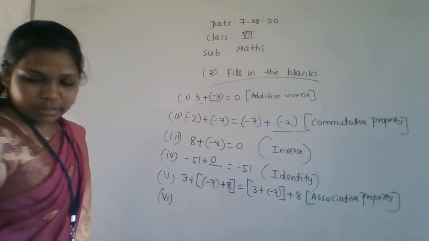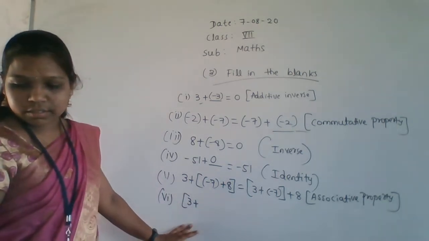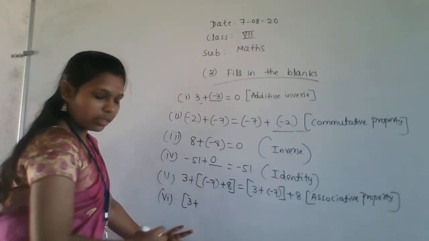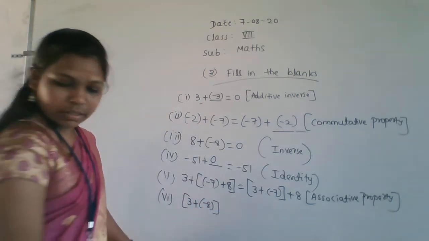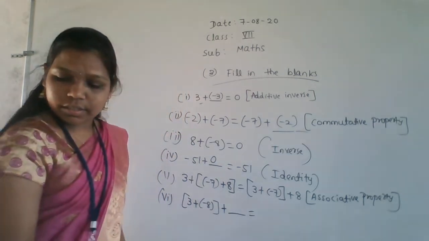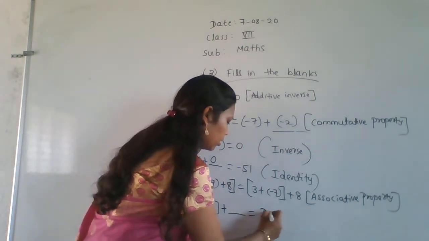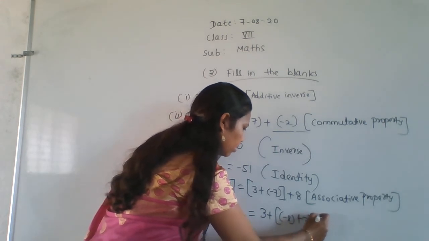The sixth one is 3 plus, in the bracket, minus 8, and plus dash they gave here. Next, 3 plus, in the bracket, minus 8 plus 7.